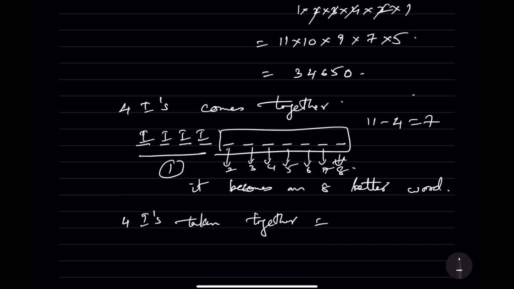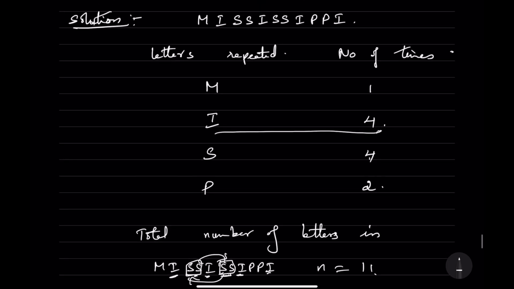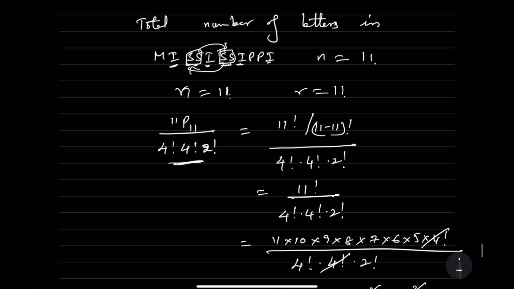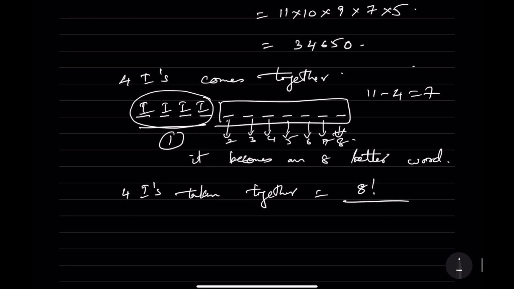Wherever these I's are put, they are put together. So you can write this as 8 factorial, because it becomes an 8 letter word. Now you are taking this whole entity of I's as 1. What are the remaining? S is repeating 4 times and P is repeating 2 times. So therefore 8 factorial by 4 factorial into 2 factorial.